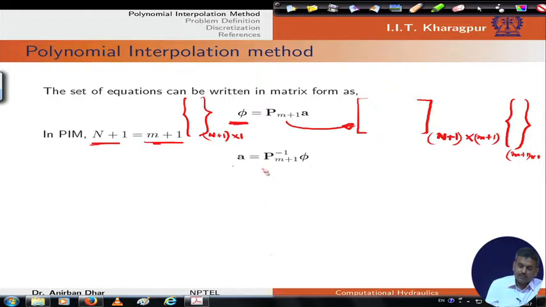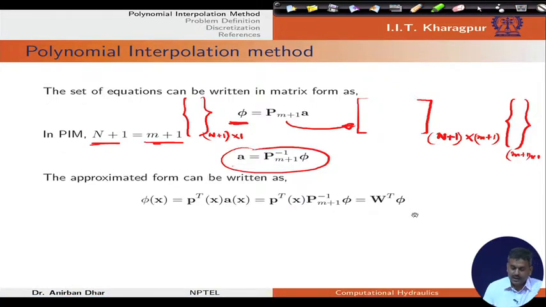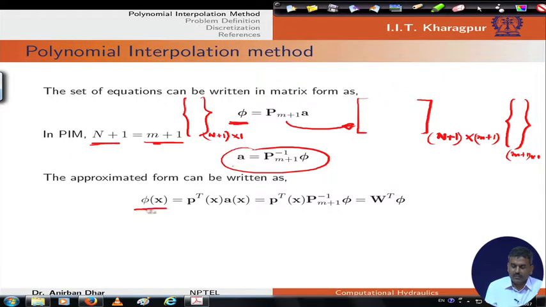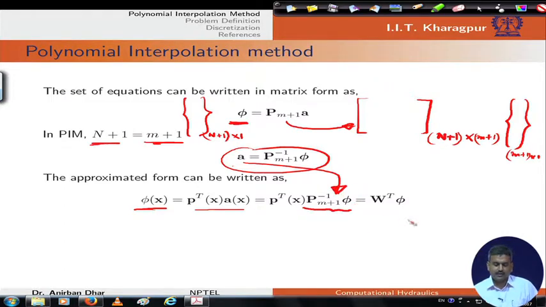So, in this case we can get phi, which is our field variable, in terms of P transpose A x. So, P transpose, if you replace this A from this equation, we can get P inverse phi.